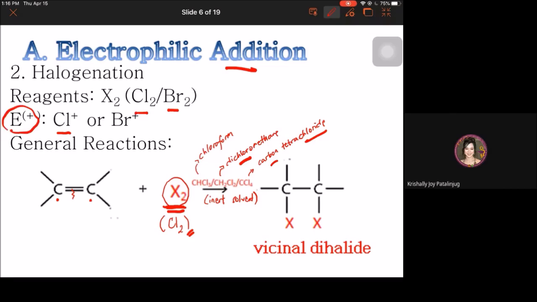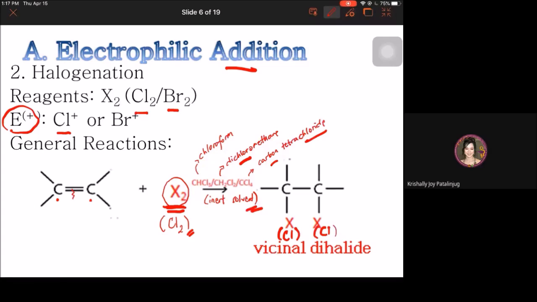And again, the electrophile to be added is the halogen itself. So if what was used is, let's say, chlorine gas, because the inert solvent here is chloroform, then obviously it should be chlorine gas. What will be added is a Cl here and another chlorine here. So the X there is chlorine and another chlorine.